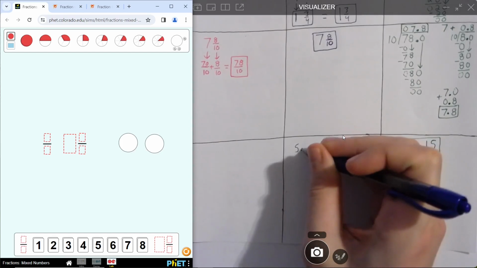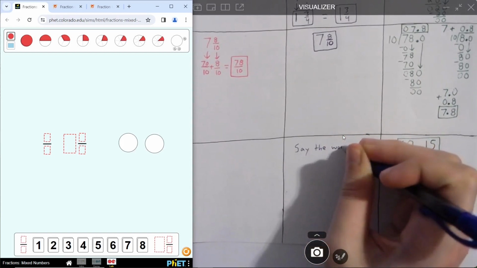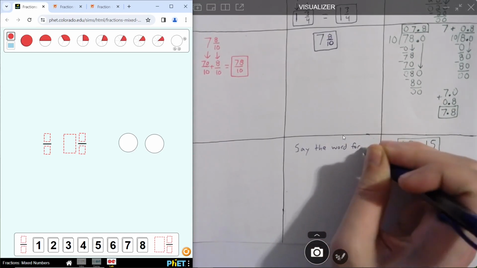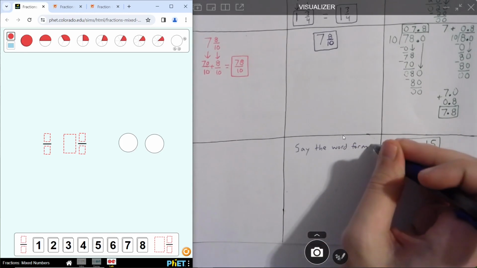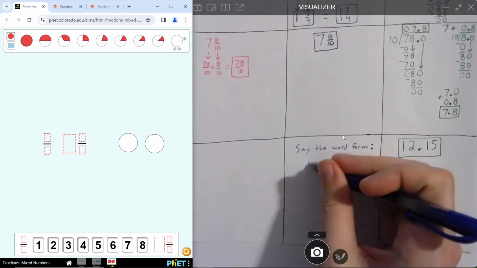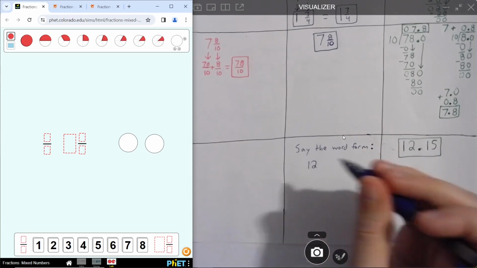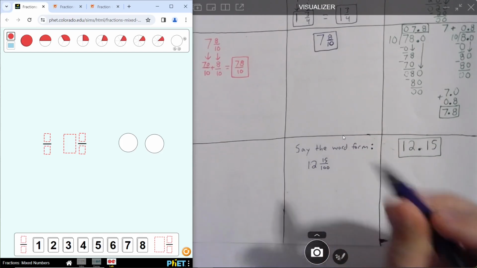So for this, you say the word form, and then you write out what that looks like. And so that would be 12 and 15 hundredths.